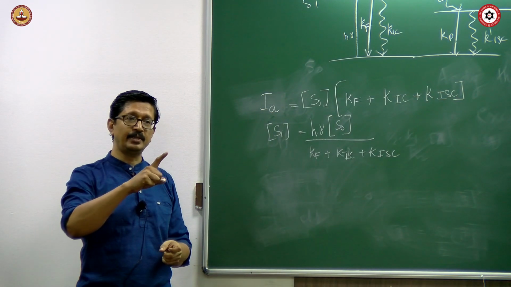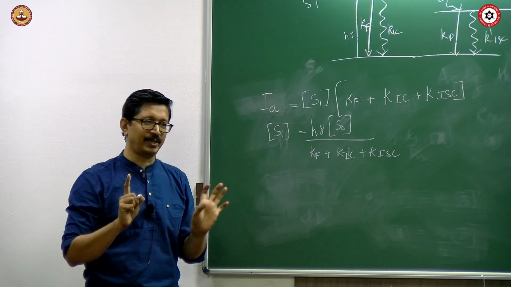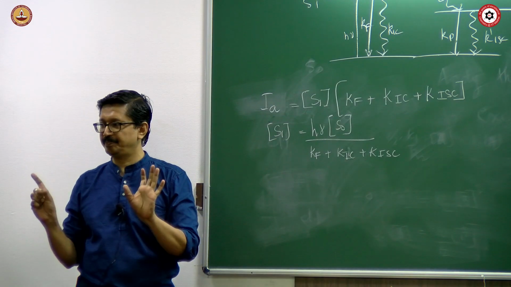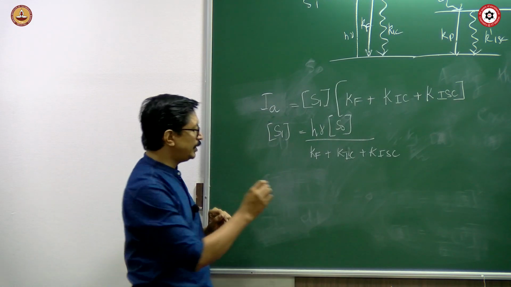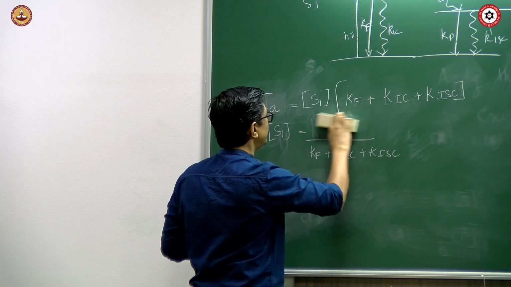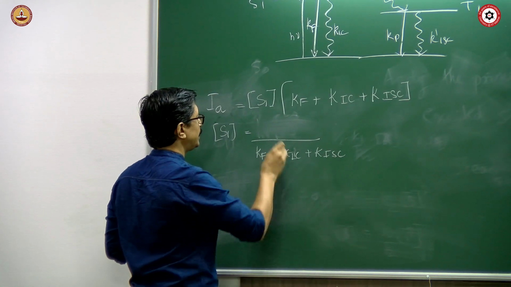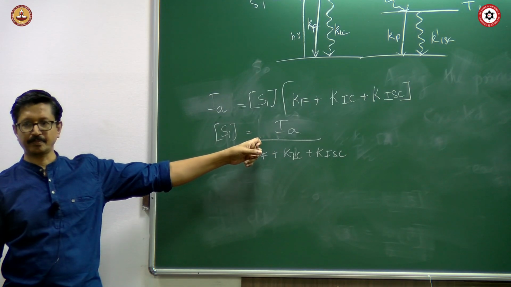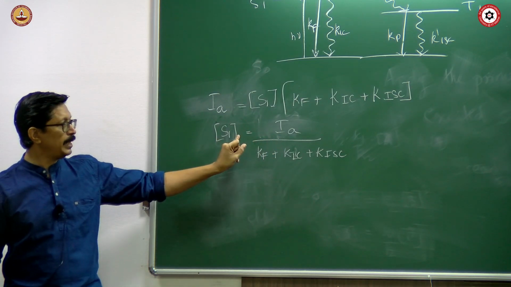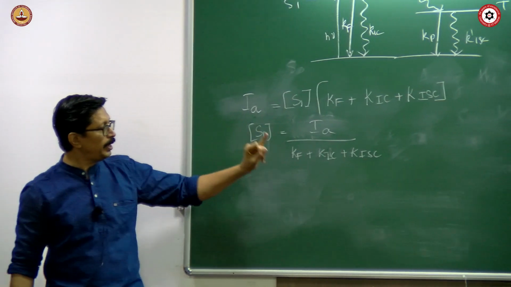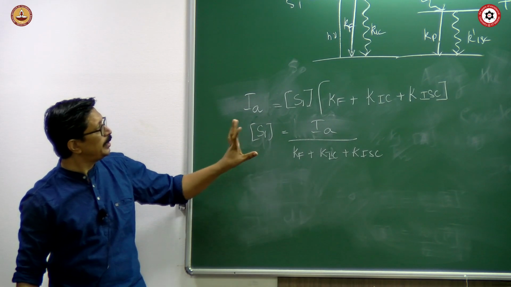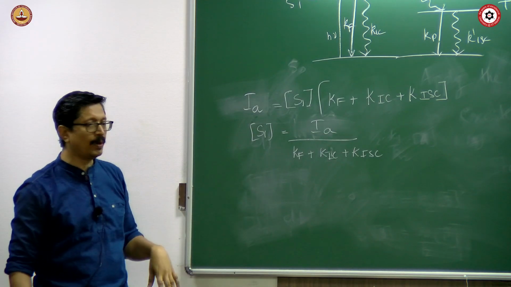Intensity of the light is different from intensity of the light absorbed. So you have to write it as IA. Now S1 is equal to, the remaining thing is correct. Your right hand side is correct. So this is the only change you need to make here. In the T1 case I don't think IA is going to come, but let us see what the T1 expression is.